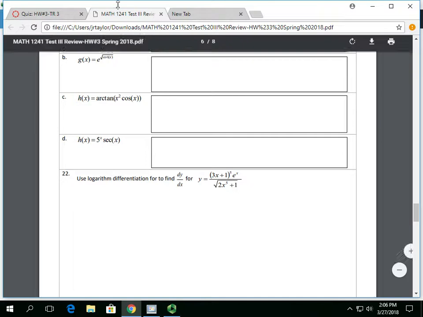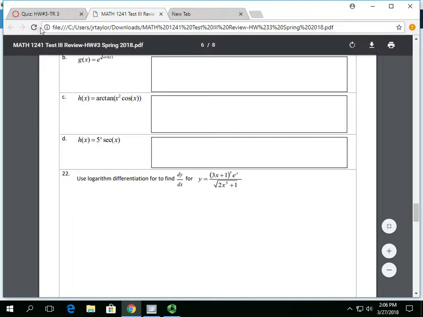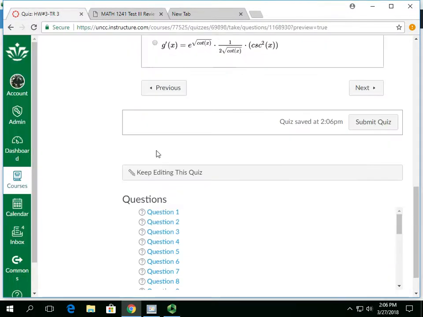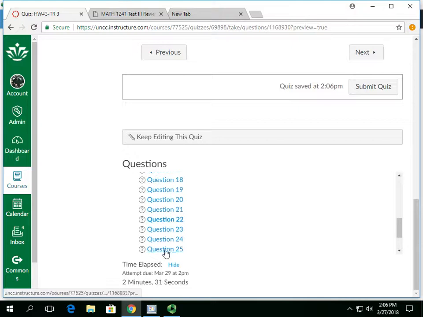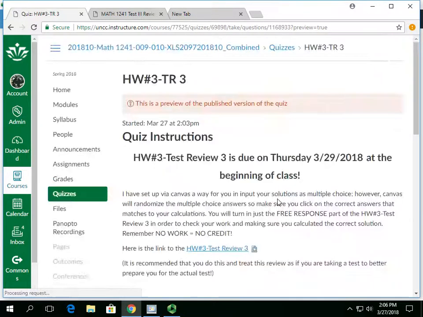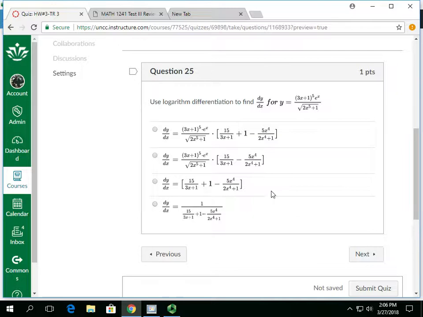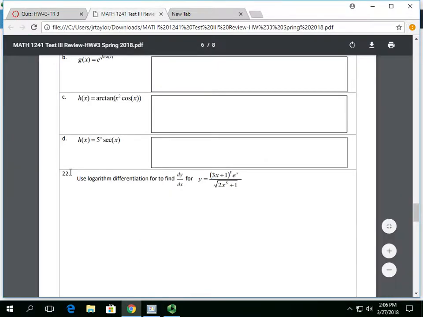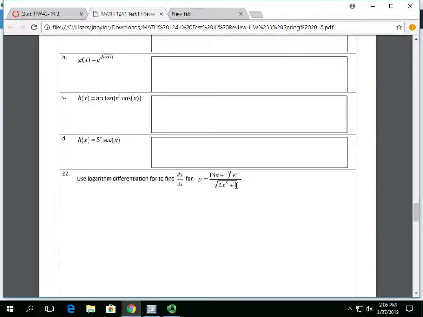If I go back to the computer and look at question number 25, you'll see it matches up to question number 23 in terms of the homework set. Use logarithmic differentiation. There it is. I'm learning how the system works, so welcome to my world of new systems and trying to input all this good stuff.